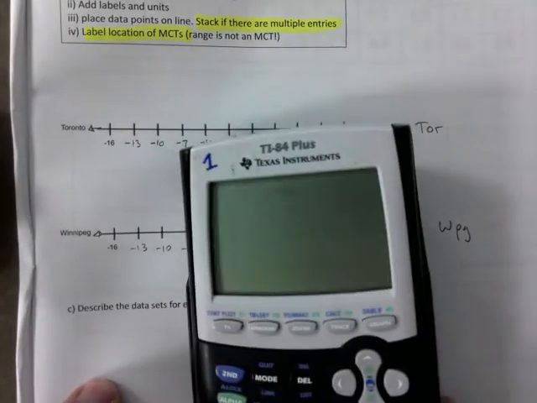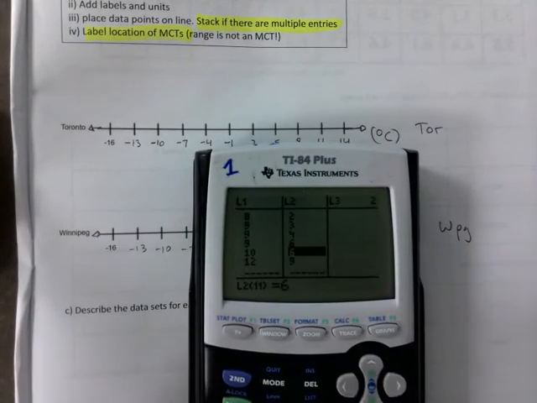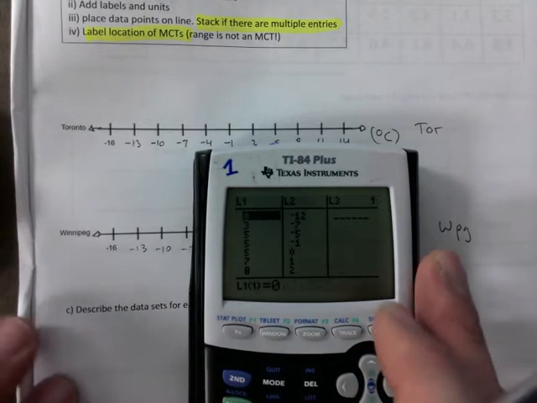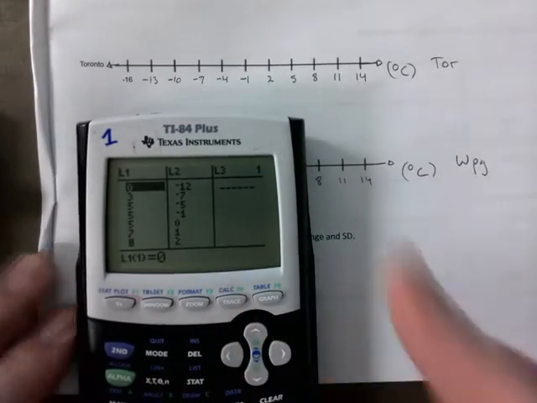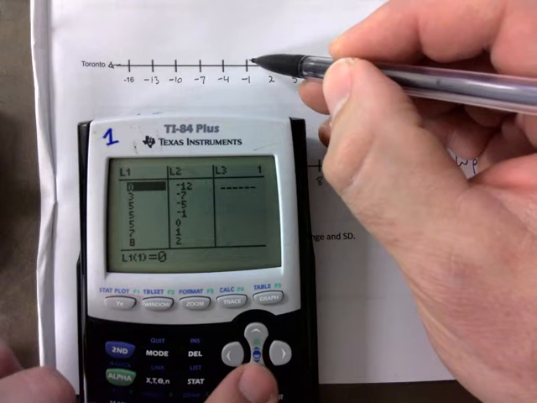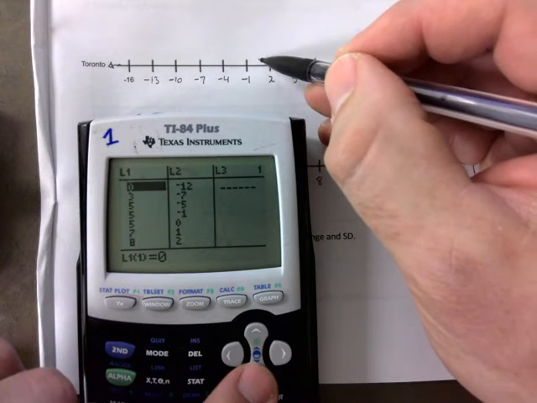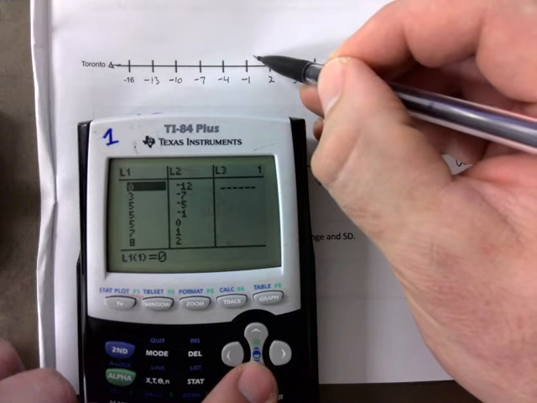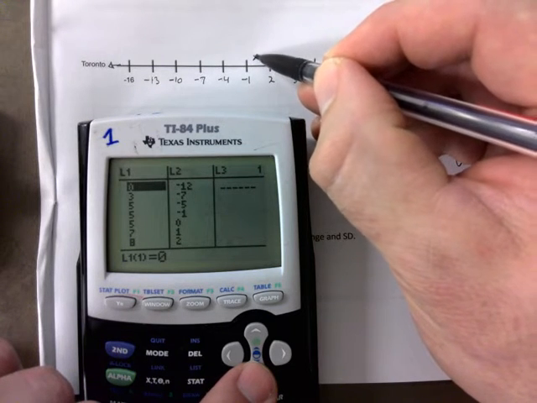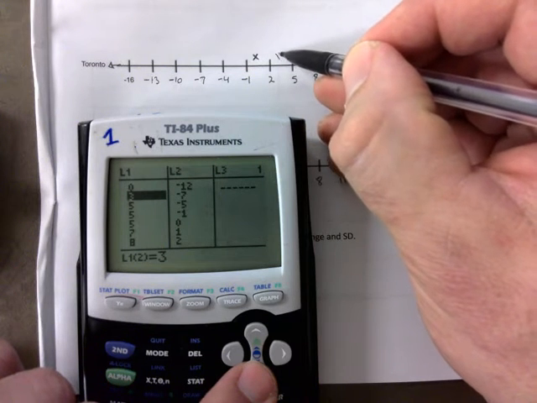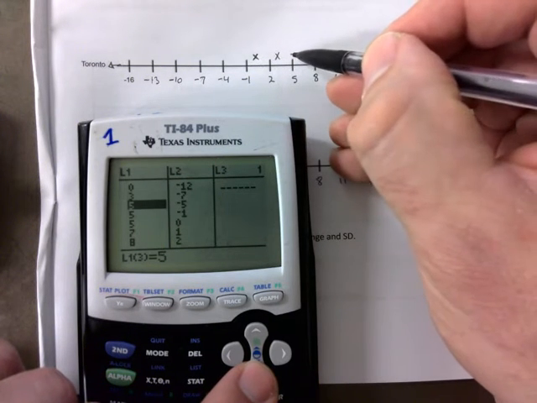Now we're going to place our data points along that number line. So line plot, we call that. Let's go to L1 for Toronto. Go to your lowest. This is another reason why you want it arranged. So you go through it and you put the points where they're supposed to go. 0 would be right about here. So you put an X. You can put an X or a dot on there. 3 goes right about here. And then there's 5, right?